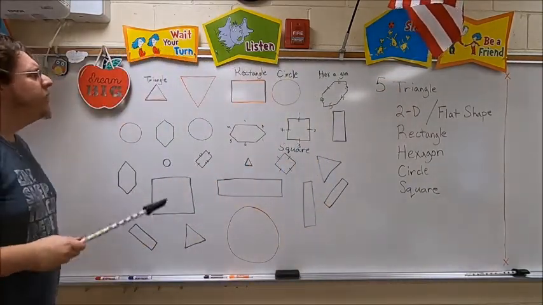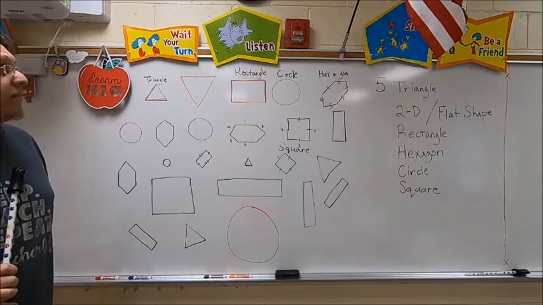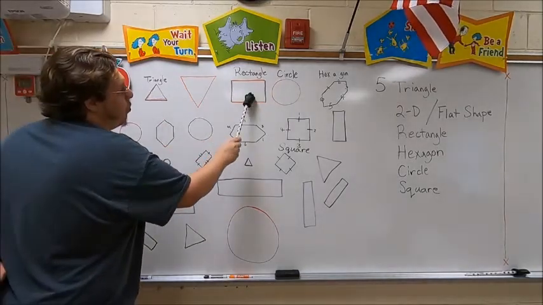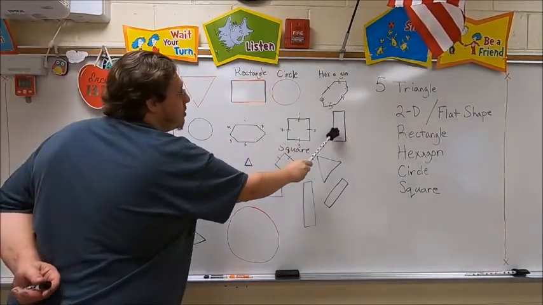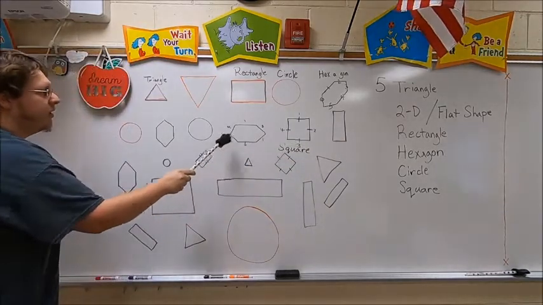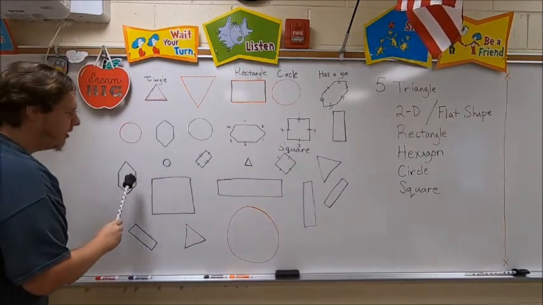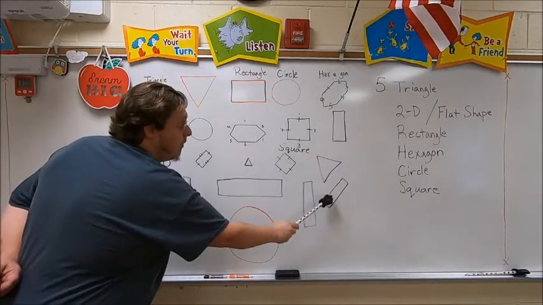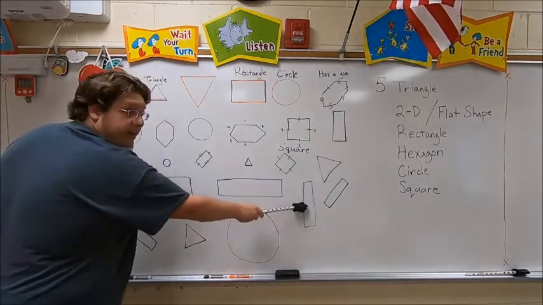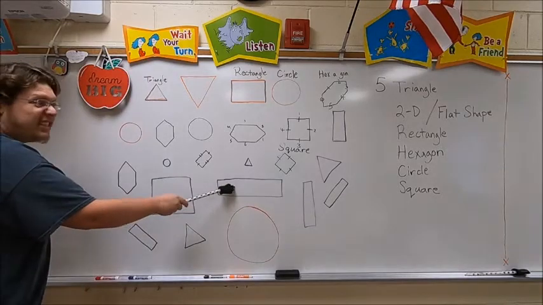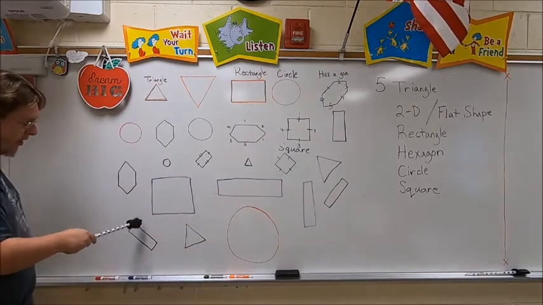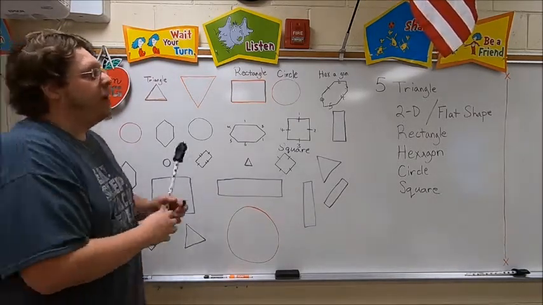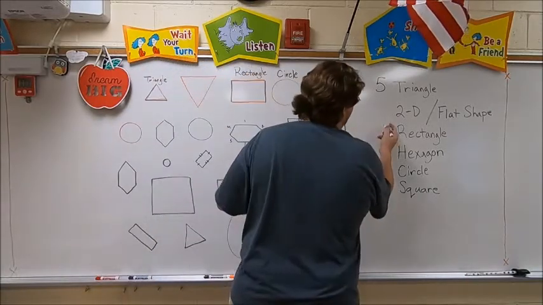How many rectangles do we have? 1, 2, 3, 4, 5, 6, 7. There are 7 rectangles.